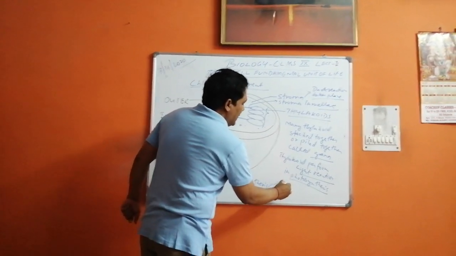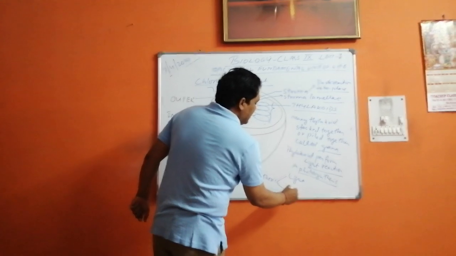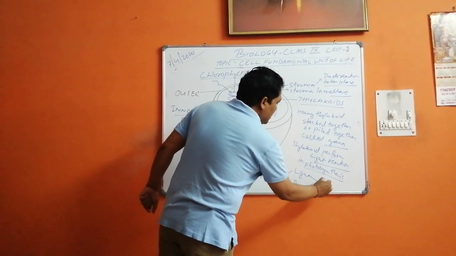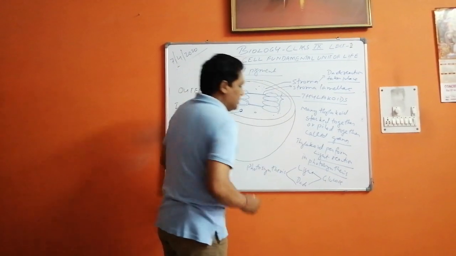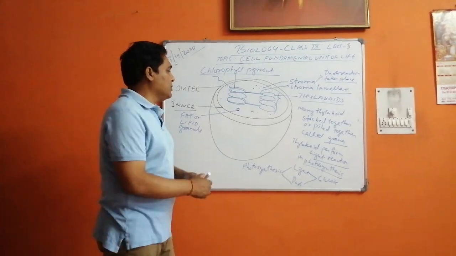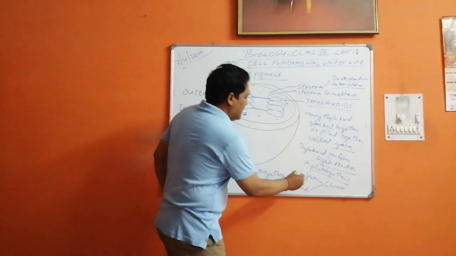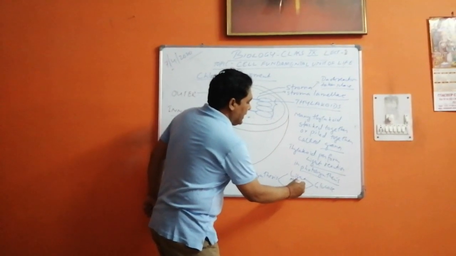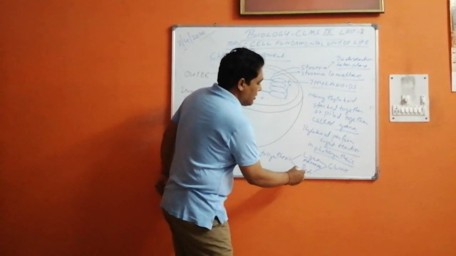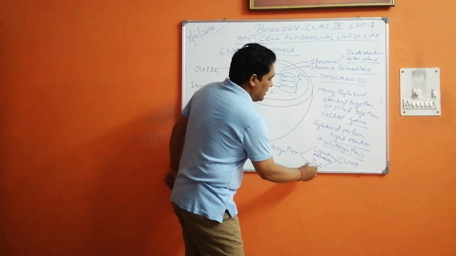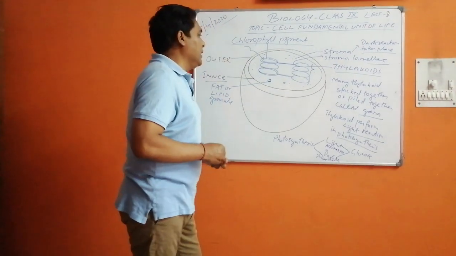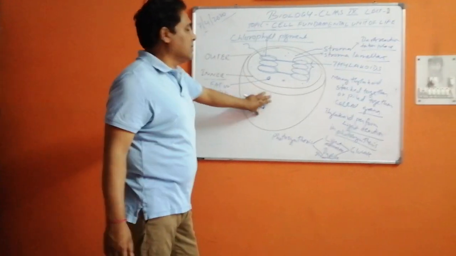Photosynthesis is divided into two parts: light reaction and dark reaction, and both produce glucose. So in the light reaction, light is used and ATP and NADPH are produced. In the dark reaction, children, glucose is made.